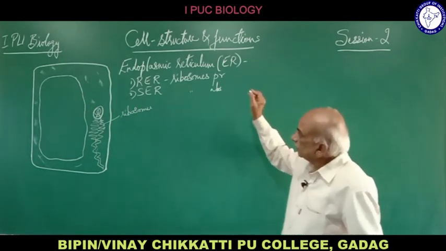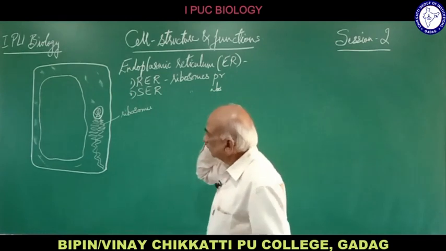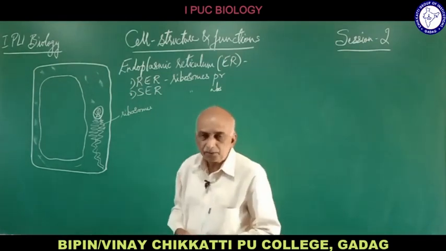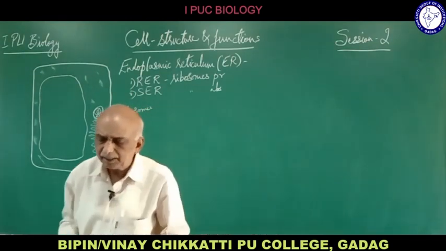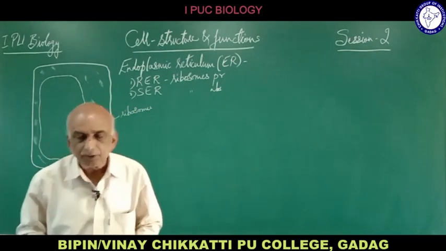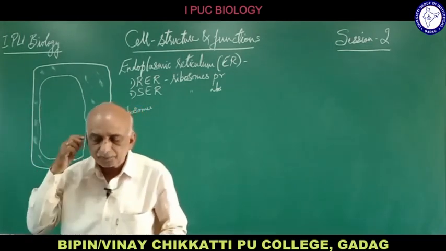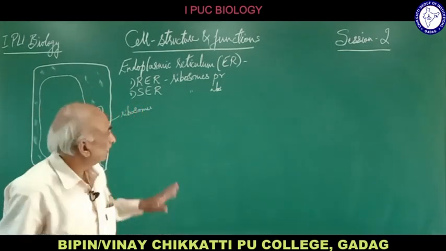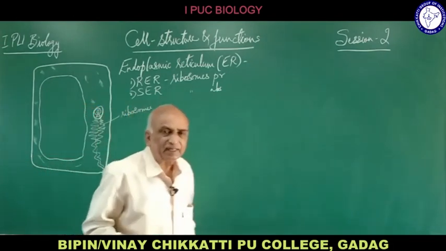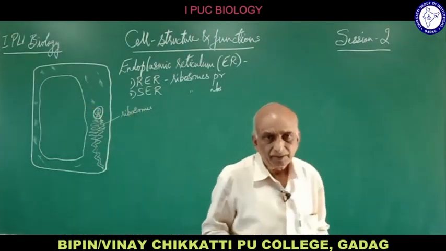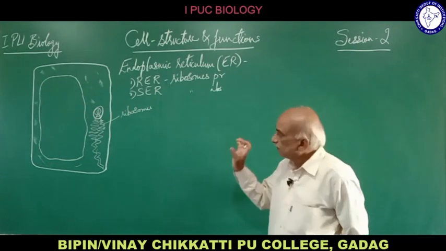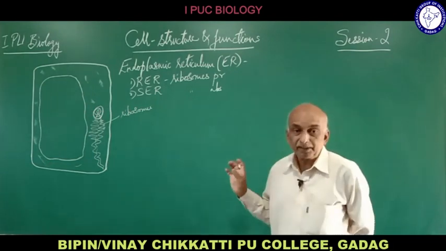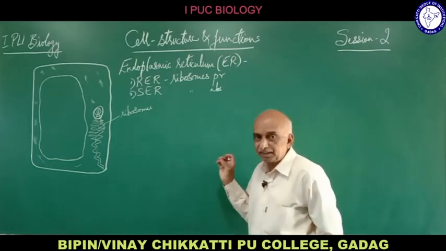So that is about the endoplasmic reticulum, which is a network of tubular structures that forms the membranes, and it is irregularly scattered in the cytoplasm. There is no particular shape, appearance or location in the cell.